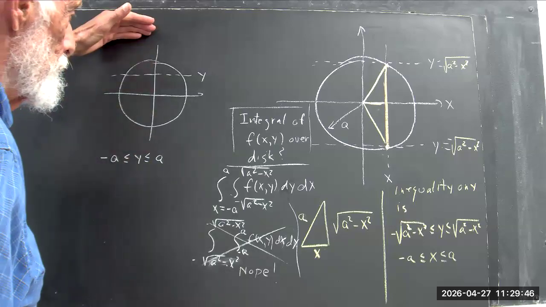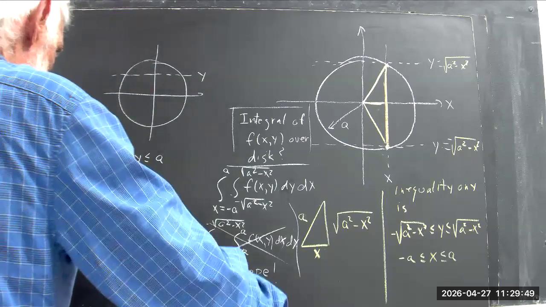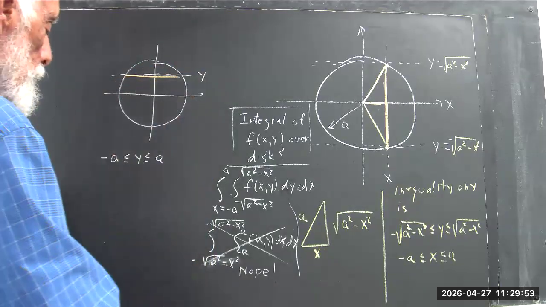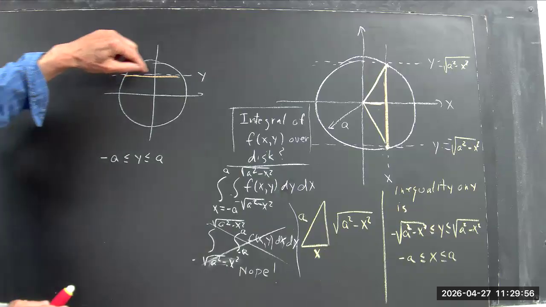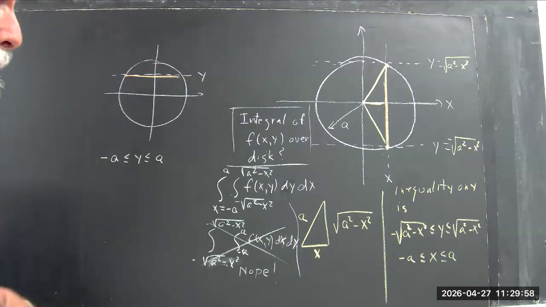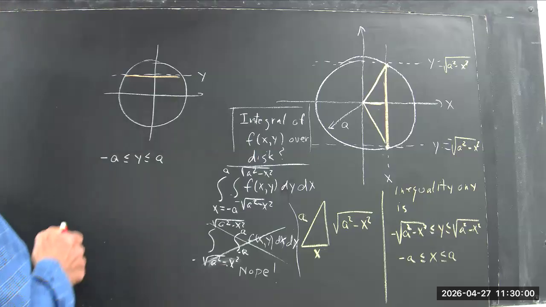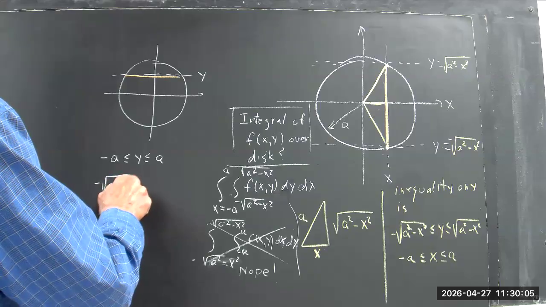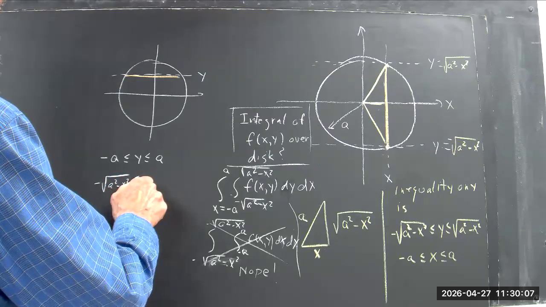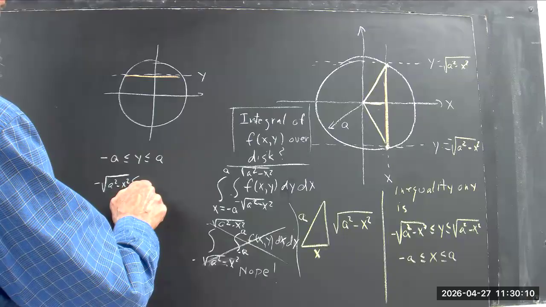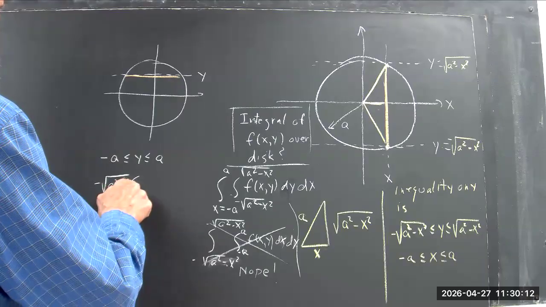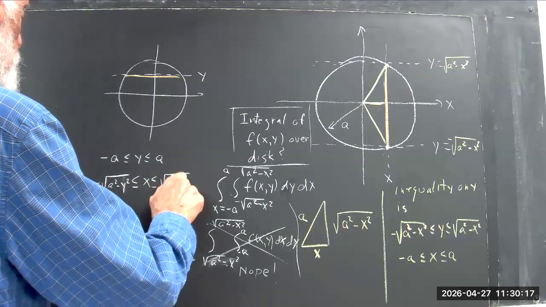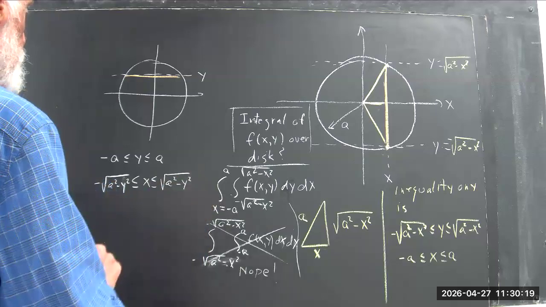to a. Then you'd have to figure out where the corresponding line segment within the circle lies. And you're going to find out that you get negative square root of a squared minus y squared less than or equal to x less than or equal to the square root of a squared minus y squared.